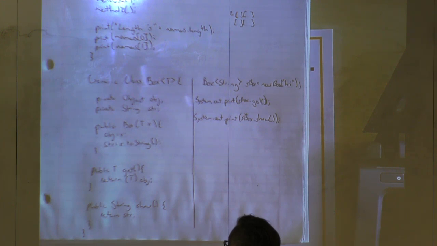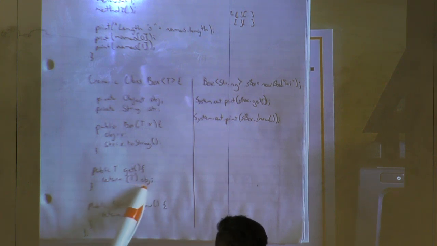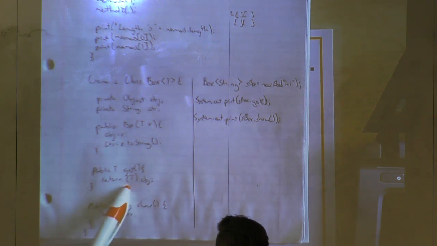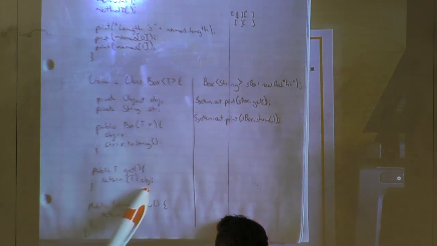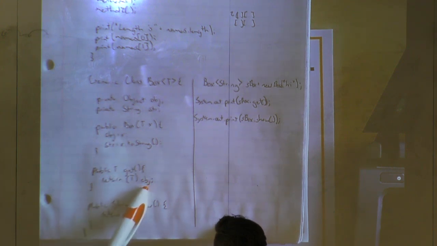Yeah, so whenever you write a type in parentheses next to the name of an object, that means you're attempting to convert that object to that type. Okay. So in this case, no matter what T is, we will always attempt to convert object back to T when we return it out of the get method, because right now it's that super generic type Object.